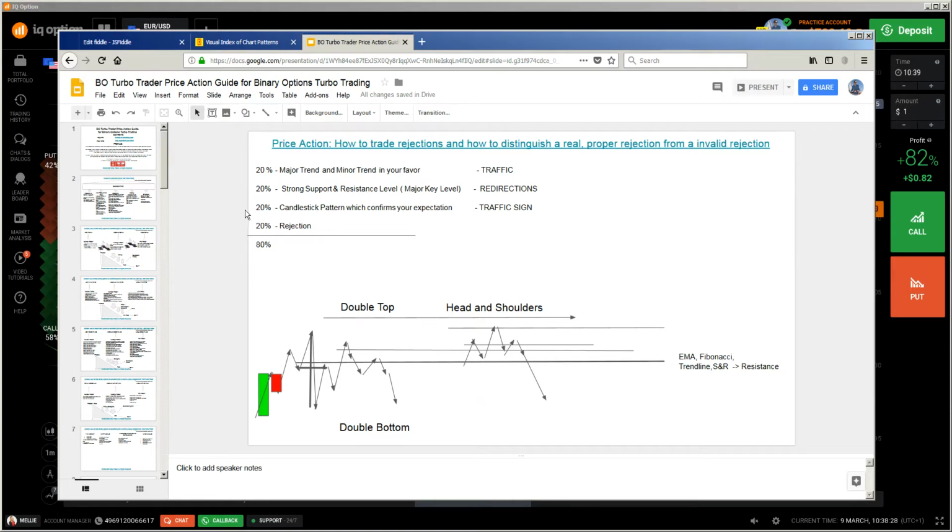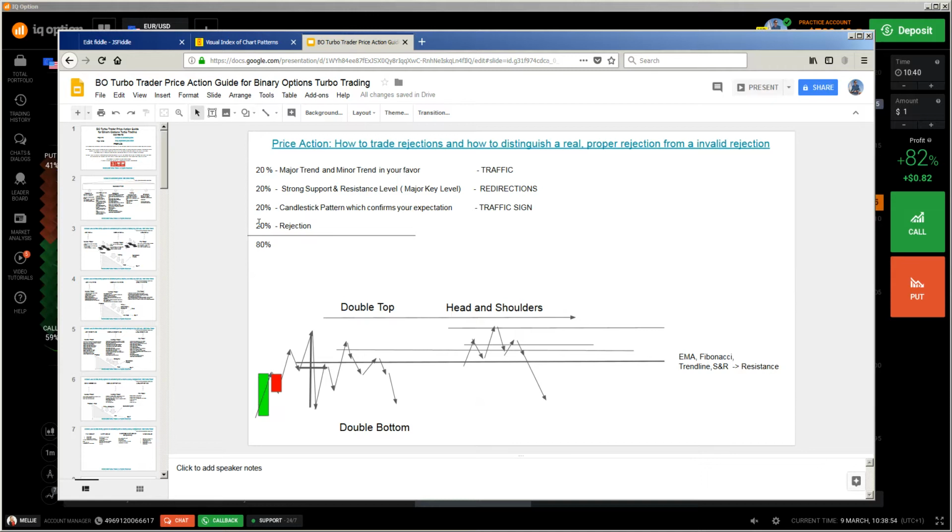Then I wait for the rejection, and that is what you have to do. After you got all those evidences, you wait for the rejection, and if the rejection confirms what you are doing, then you can enter into the trade.